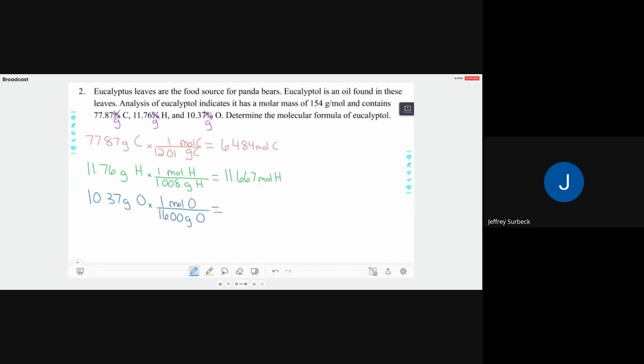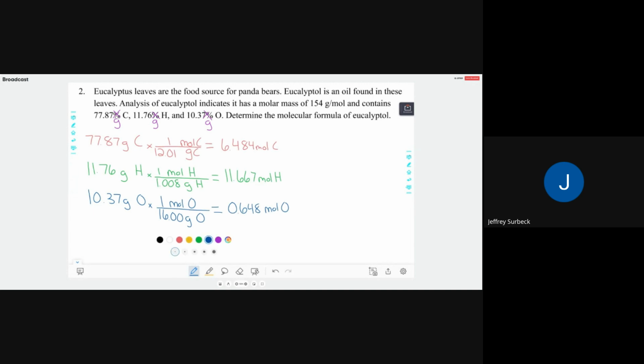And when we do that, we take 10.37 divided by 16. We get to 3 decimals, 0.648 moles of O.